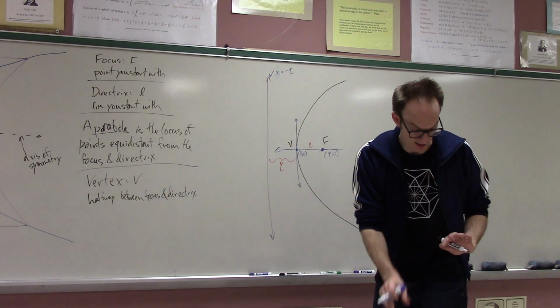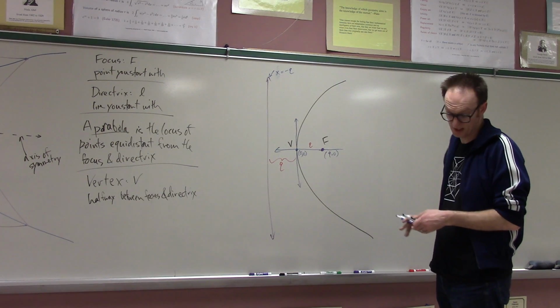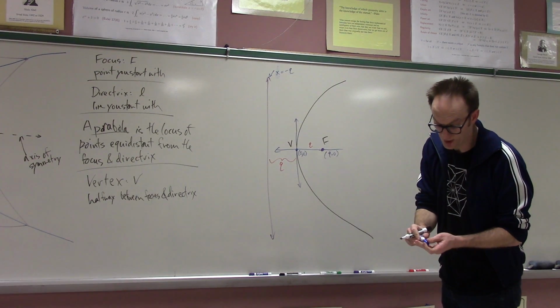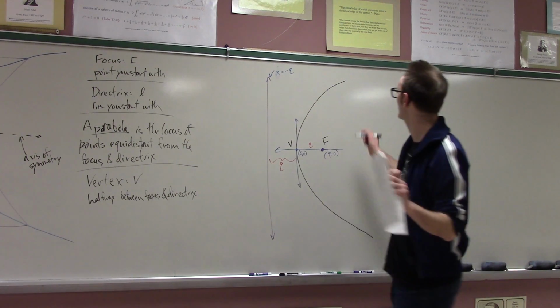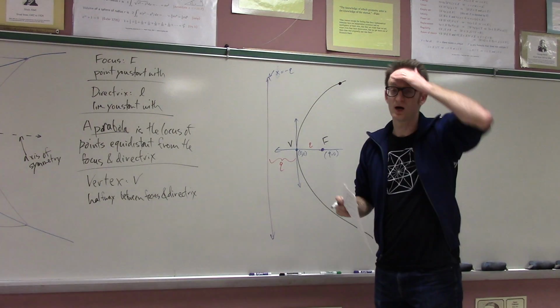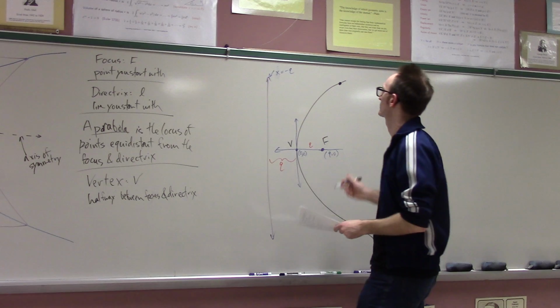Now let's come up with the equation of this parabola using the definition. And there's really only one thing that we can do when coming up with the equation of a geometric object, which is to pick an arbitrary point on that geometric object.